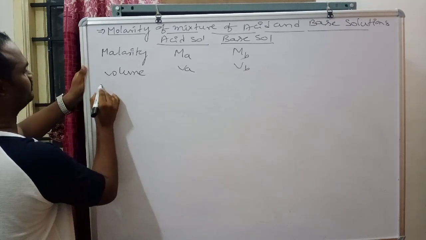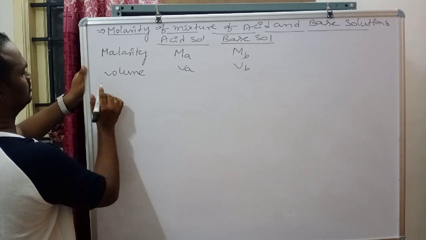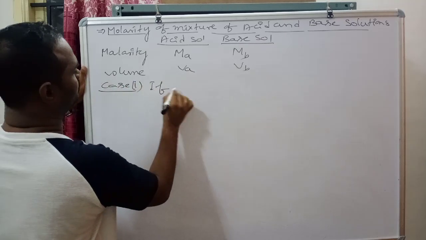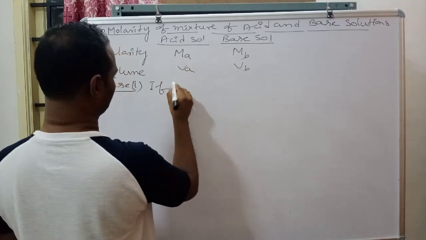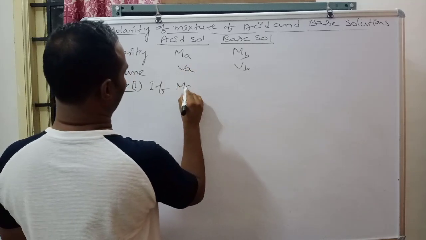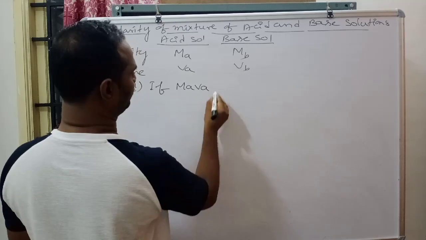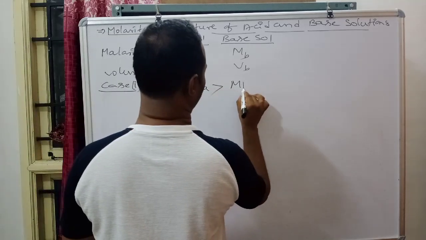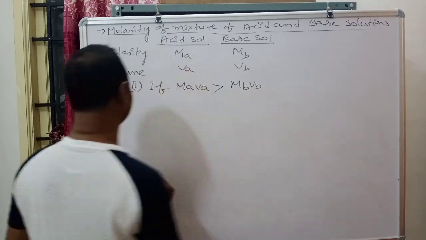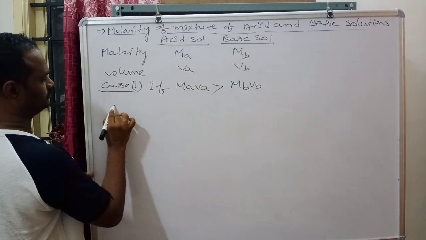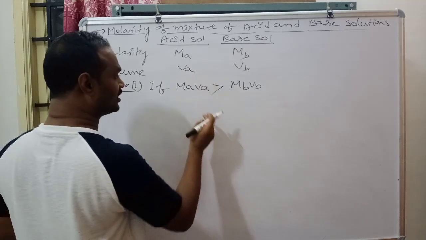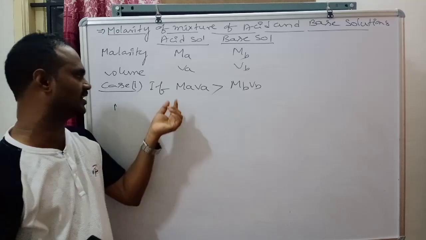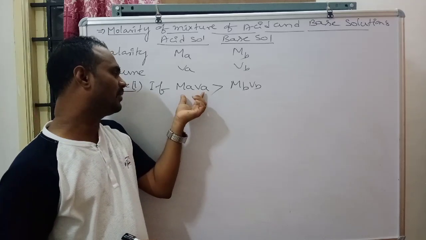Now first one, in this case 1, if MaVa greater than MbVb. If these two solutions mix with each other, carefully see, based on this what we understand: number of millimoles.